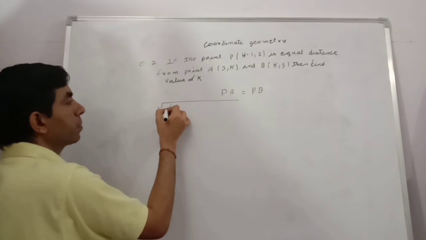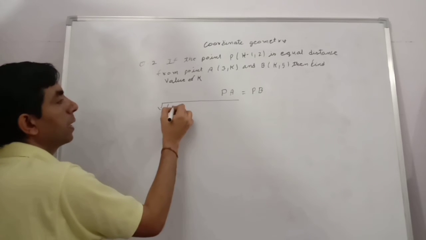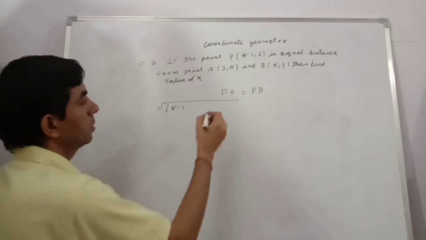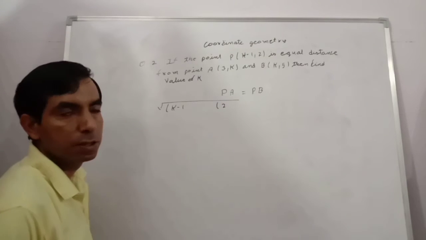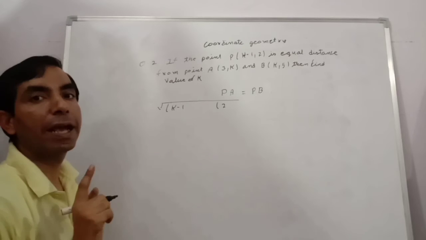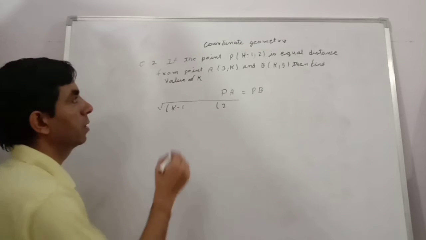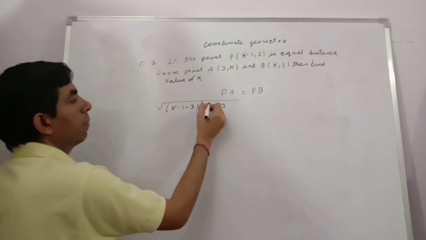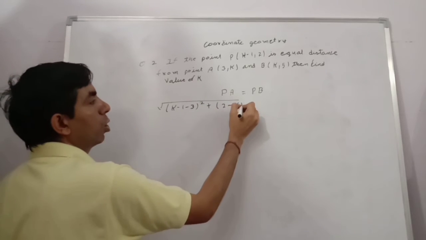Next, we get k minus 1, because the x2, y2 coordinate is written as it is, and 2 as it is, and we write x1, y1 by changing the sign. So we get minus 3 whole square plus minus k whole square.